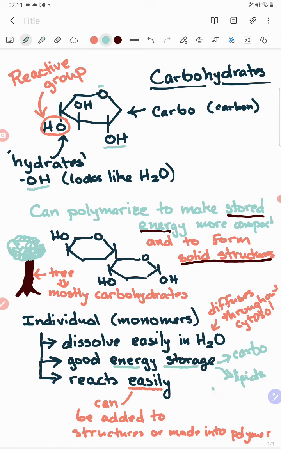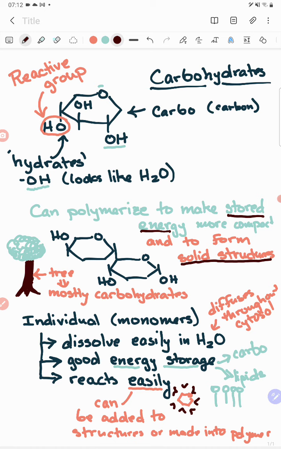So if you were to have a bunch of lipids, you can compact them and have them all sort of floating together, stacked very nicely. Carbohydrates, instead, you would have them all surrounded by water. So if you were to have a carbohydrate that you were using for storage, it would also then be surrounded by water on all sides. So it's not really very compact storage.